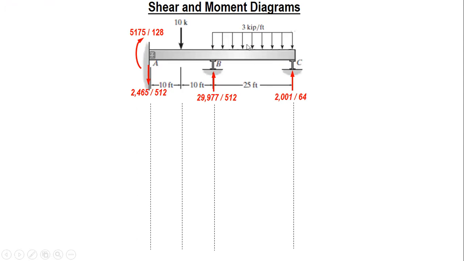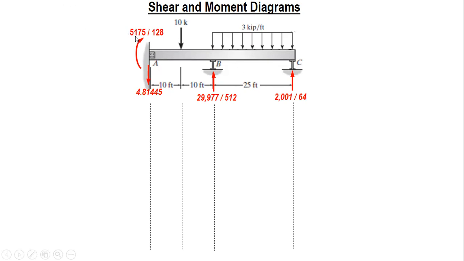Okay. So here's our beam, and instead of fractions, we can substitute the values in decimal form, like this one. So it's 2465 over 512, which is 4.81445.